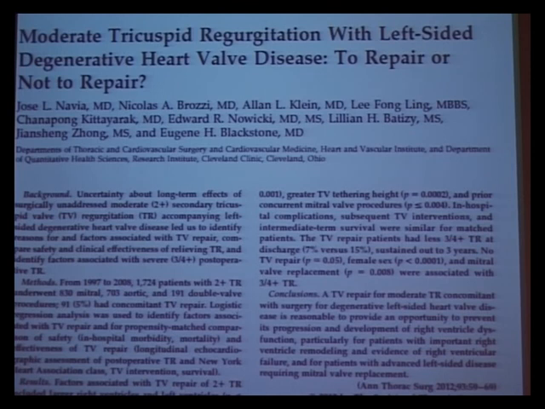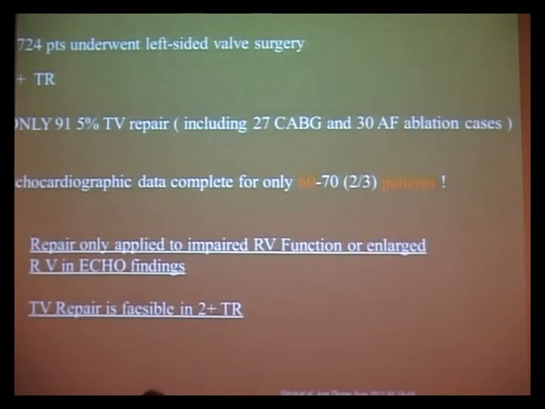This paper is coming from Cleveland Clinic, but still it is an observational paper only, and it shows whether moderate tricuspid regurgitation with left-sided degenerative heart valve disease should be repaired or not. It has been done in only 1,700 patients, but in 10 years or so, who had 2+ tricuspid regurgitation, and only 91 of them had tricuspid valve repair.